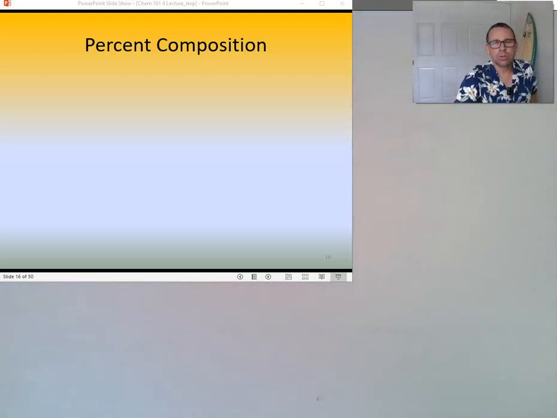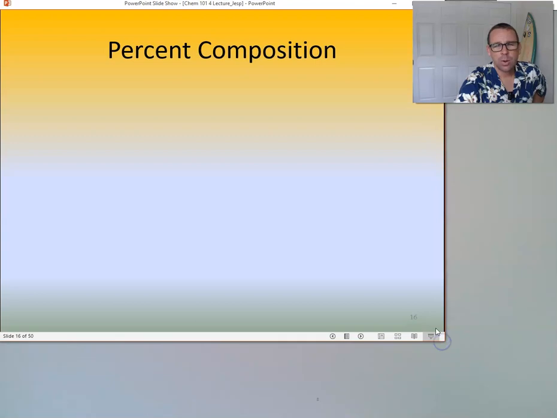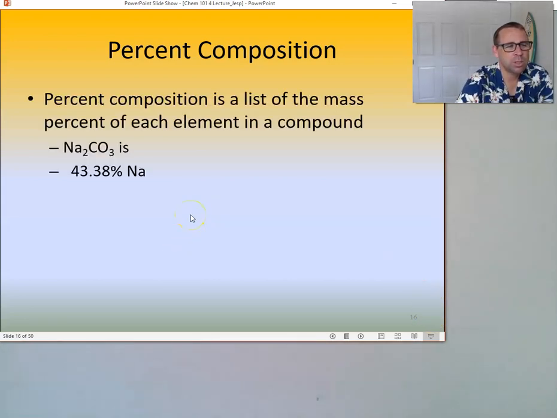We're going to also introduce a new concept called percent composition. And when we talk about percent composition, it's always in terms of mass. So, for example, do you remember the name of this compound? What's the name of that compound right there? Sodium.